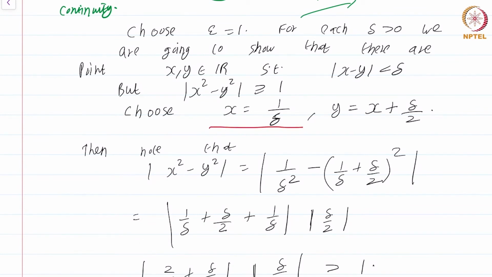We have fixed epsilon equal to 1. If delta is very small, then 1 by delta is very large. So to defeat the definition of uniform continuity, you have to show that no delta works for some choice of epsilon, and you may have to go very far away.